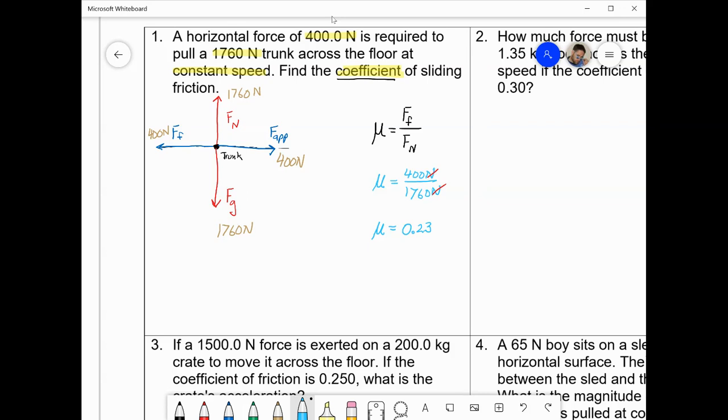And you might say, well, what are my units? Well, there are no units. They all canceled out. This is just a number. It is a coefficient, and a coefficient just means that it is a number. So in this case, my coefficient of sliding friction is 0.23 between this trunk and this floor.